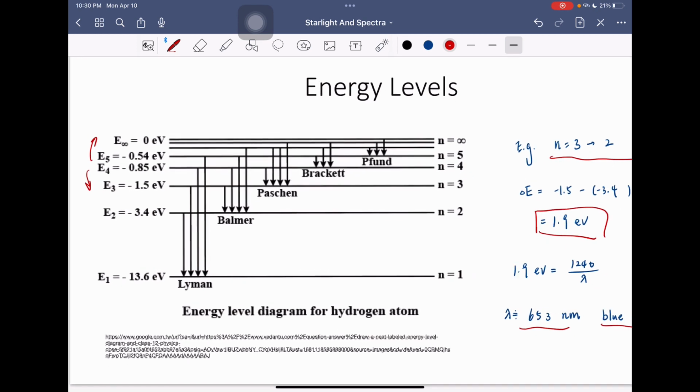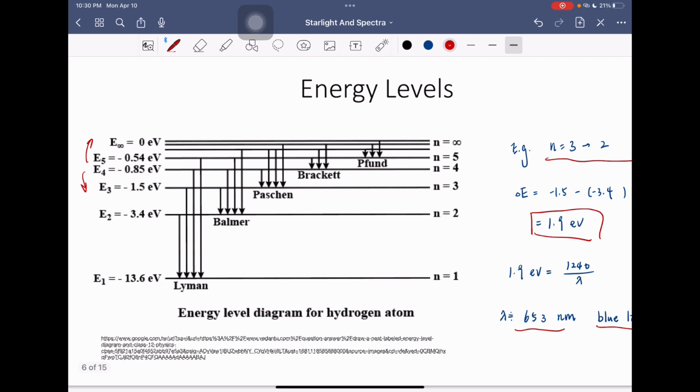To separate some series of light, we call it the Lyman series of light. It starts from n equals 1 or ends at n equals 1. And the Balmer series starts from n equals 2 or the electron drops to n equals 2. And the Paschen series starts from n equals 3 or drops to n equals 3.